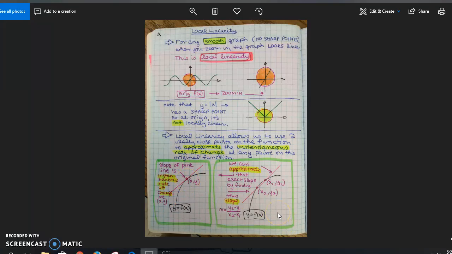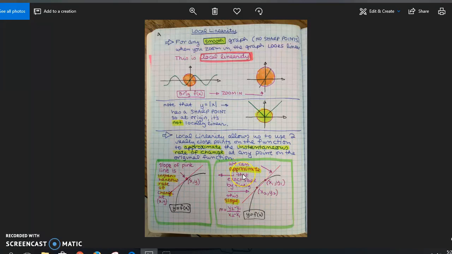Okay? What we did in class and what you're doing for homework is we're approximating it. Do you see I have 2 points on my black function? They're on my function, but they're so close together, they might as well basically be 1 point. But I have function information. I got x1, y1, x2, y2.